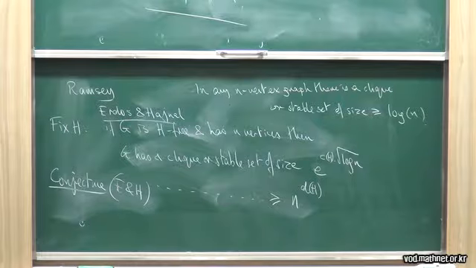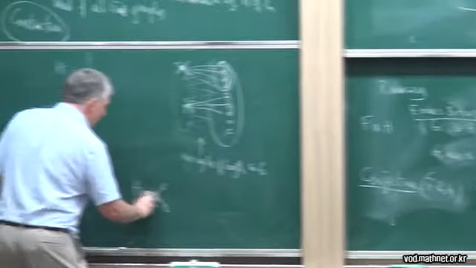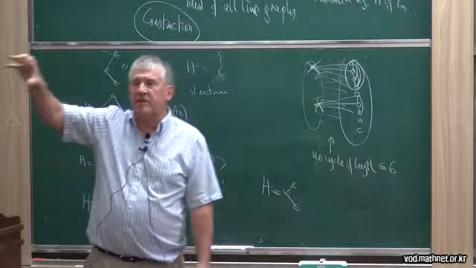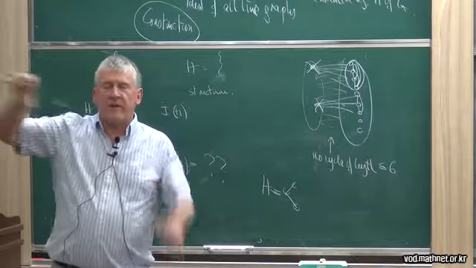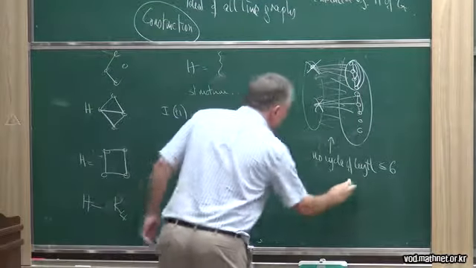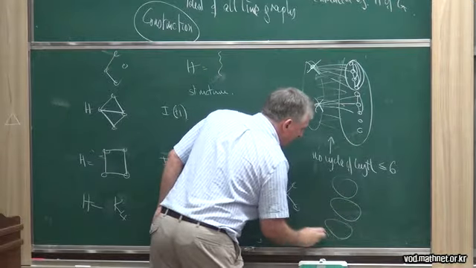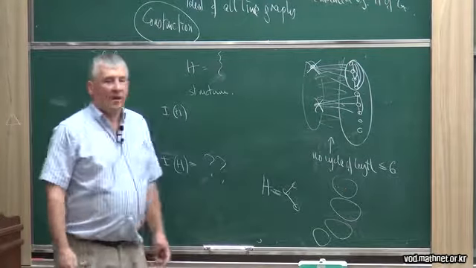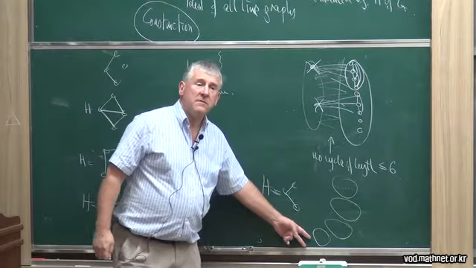So for instance, let's do some examples. If you take, let's say H is, I don't know, this graph. Then the graphs not containing H are just complete disjoint unions of cliques. Well, if I have n vertices, and I have a graph which is a disjoint union of cliques, maybe one of the cliques is big. And if not, then I have to have many cliques.